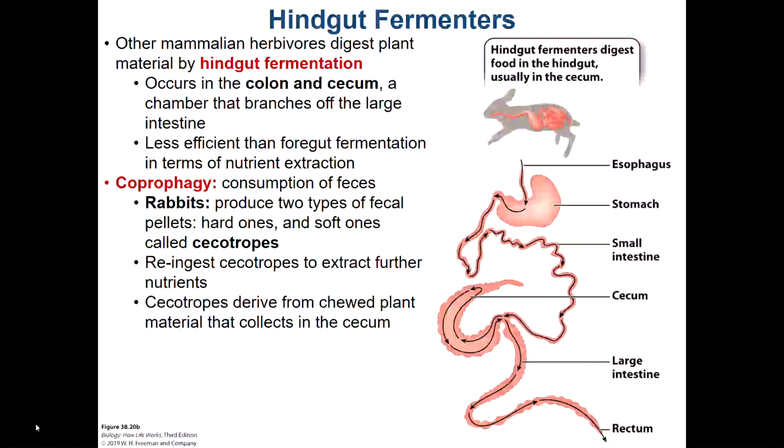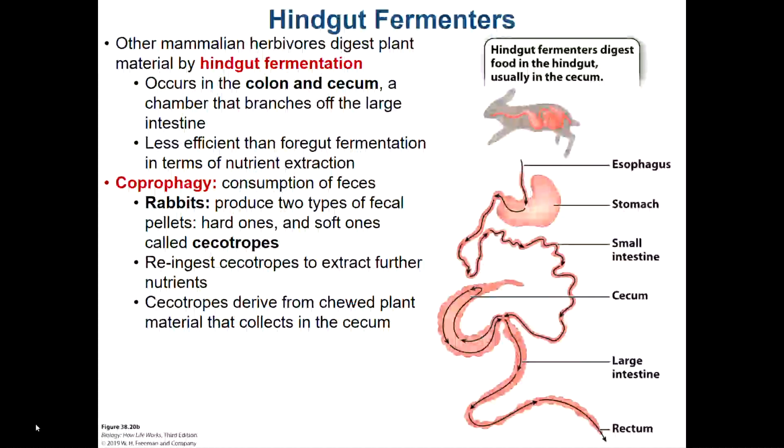So rabbits produce 2 types of fecal pellets. They produce hard ones, those hard black little balls, and they also produce soft ones called cecotropes. They re-ingest, so they eat, these soft cecotropes to extract further nutrients, because these cecotropes can move through their digestive system again and enter their small intestine, so those nutrients that were not absorbed the first time can actually be absorbed.